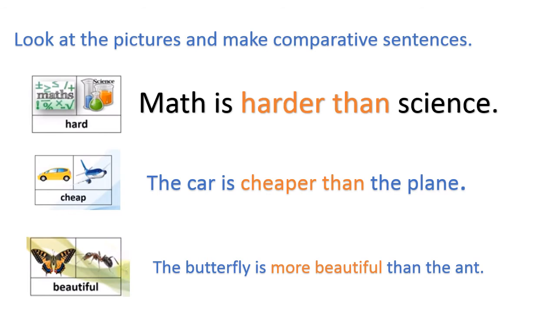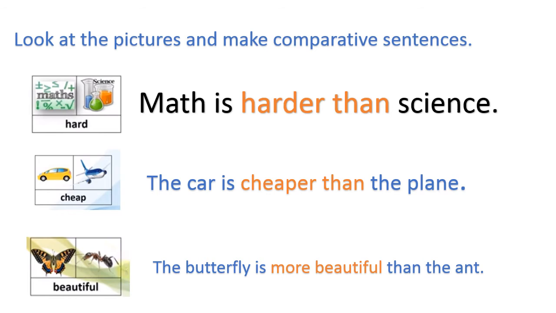Look at the pictures and make comparative sentences. Hard: we have math and science, and we want to make a sentence to describe this. Math is harder than science. We add ER to the adjective hard because it's a short adjective.